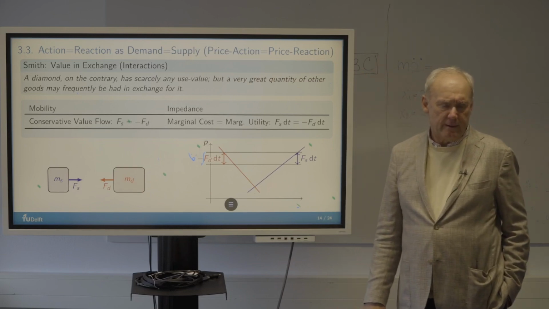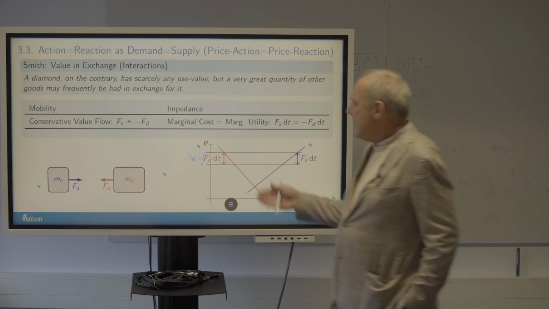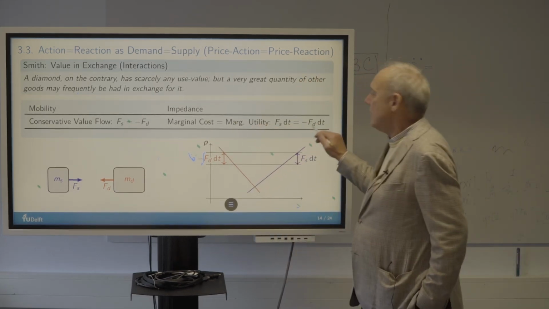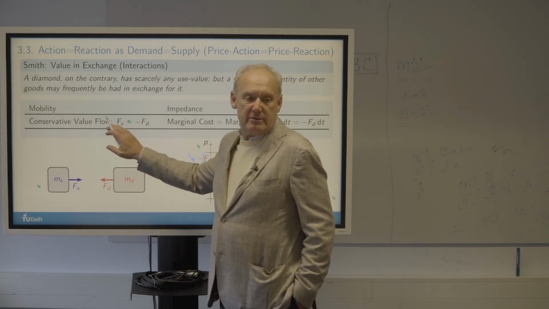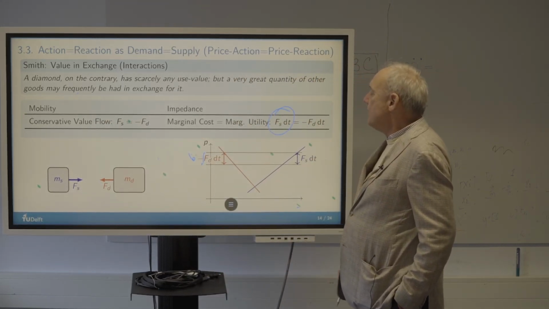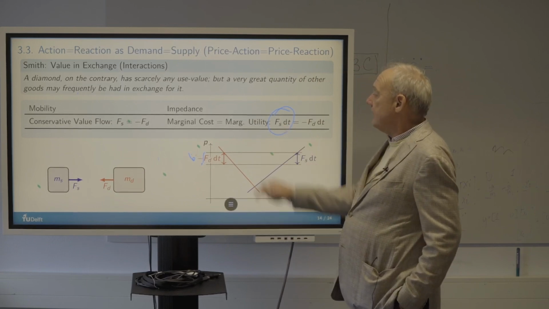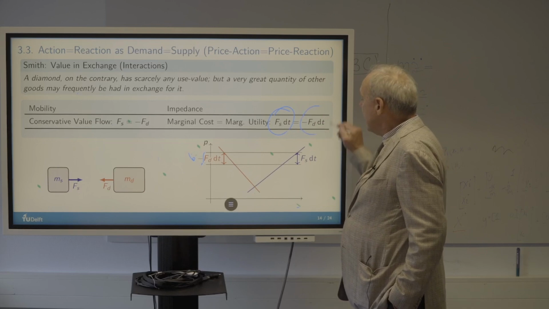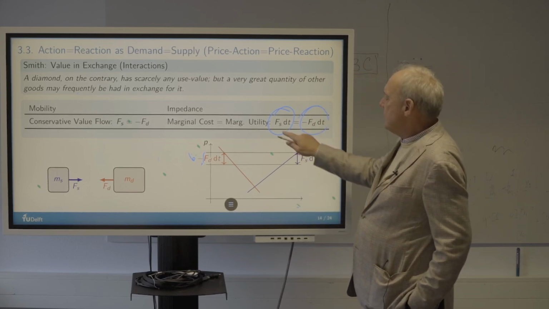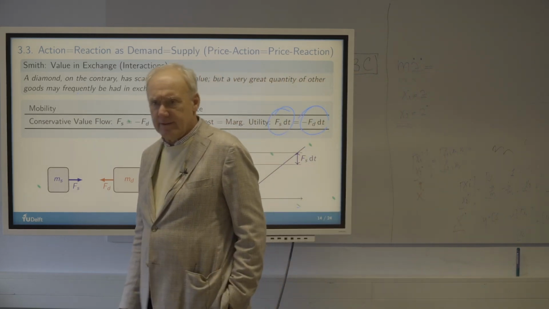So this idea of marginal cost equaling marginal utility is another way of writing that you have a conservative value flow. So the marginal cost is a flow, a little bit of the amount coming out from the supplier, and it has to decrease the other. So we can also call this debit and credit and things like that, whatever.